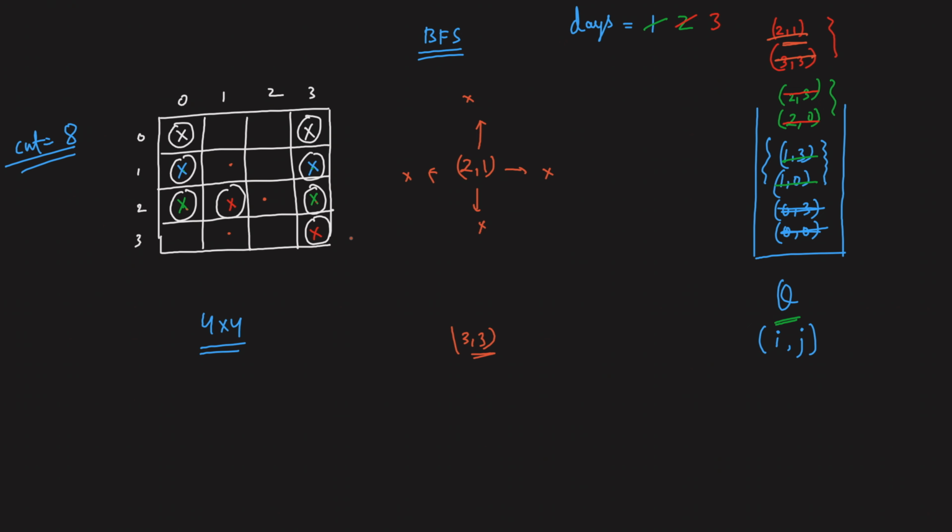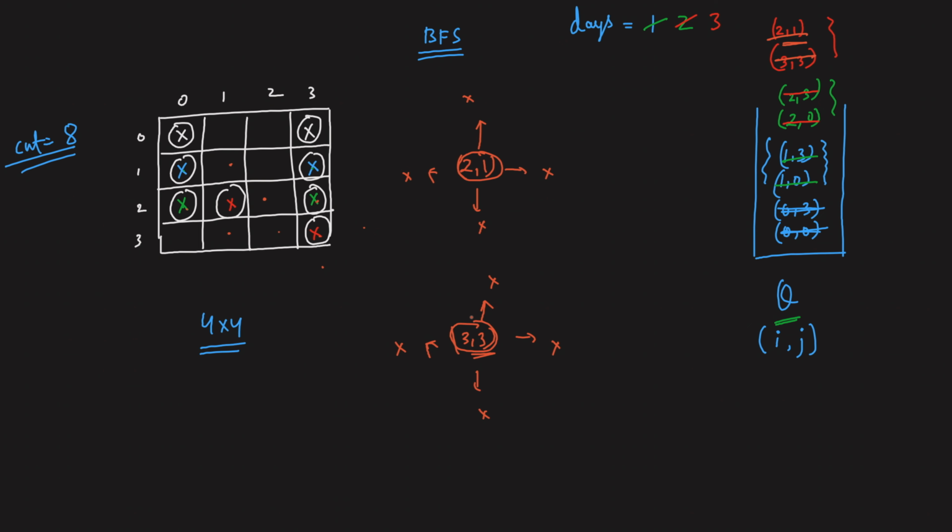On 3 comma 3, I have this. On the top, there is already rotten. On the left, it's rotten. On the bottom, nothing. On the right, nothing. So can I say again, on the 4 directions, I did not find anyone. Hence I do not insert anything, as these guys did not rotten anyone.